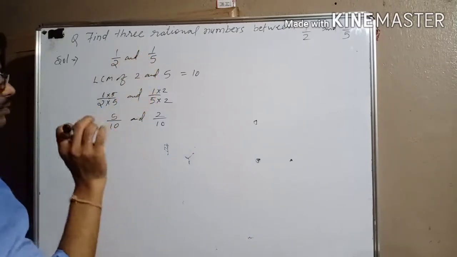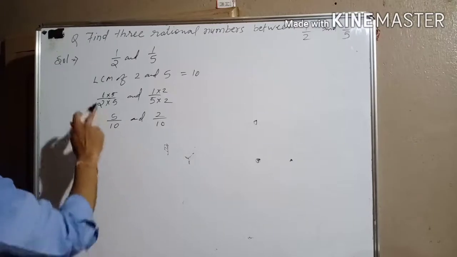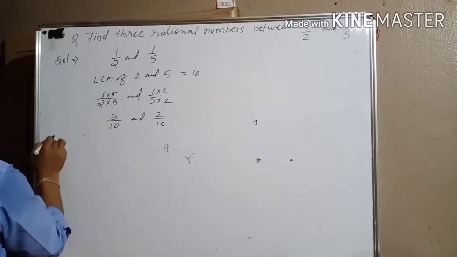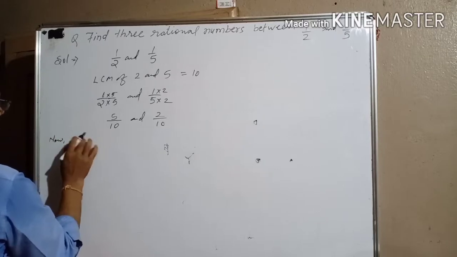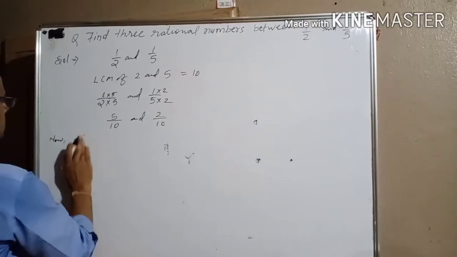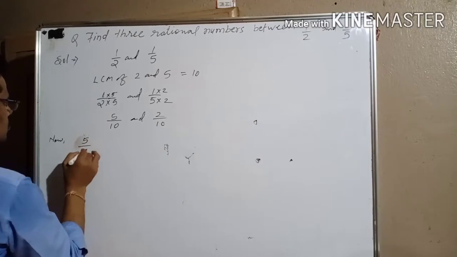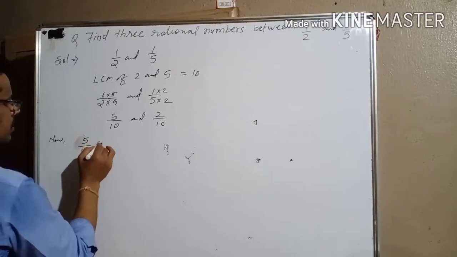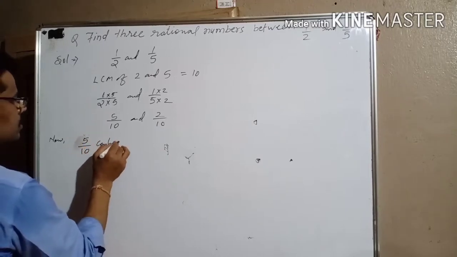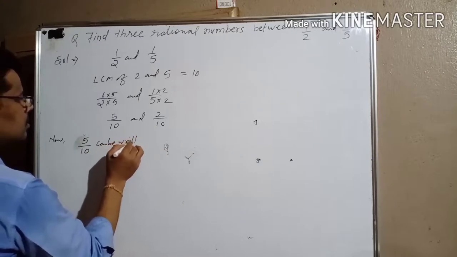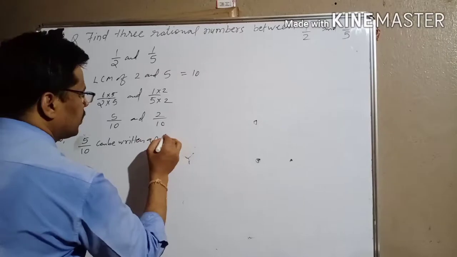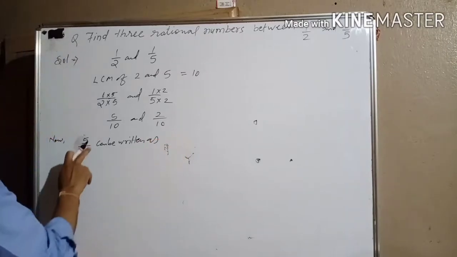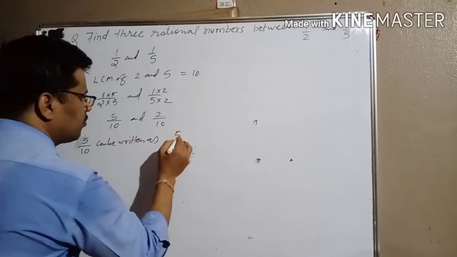As we know, 5/10 can be written as 50/100. How can you write it as 50/100?